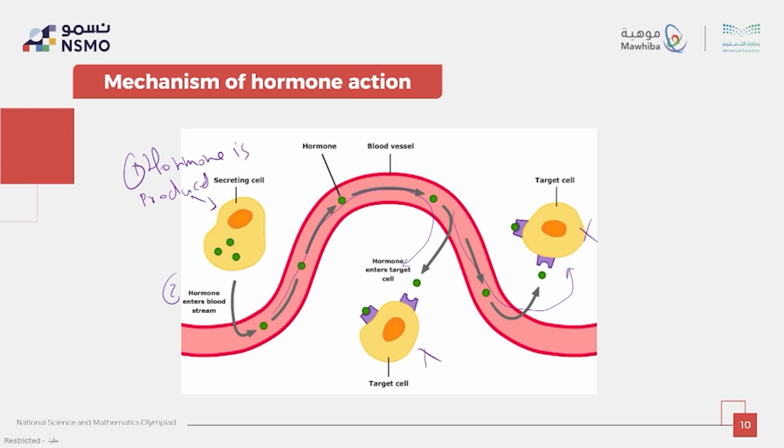Going to step number 4, the hormone binds to receptors. Here are the receptors for the target cells. So it binds to specific receptors on the target cells, like a key fitting only one lock.